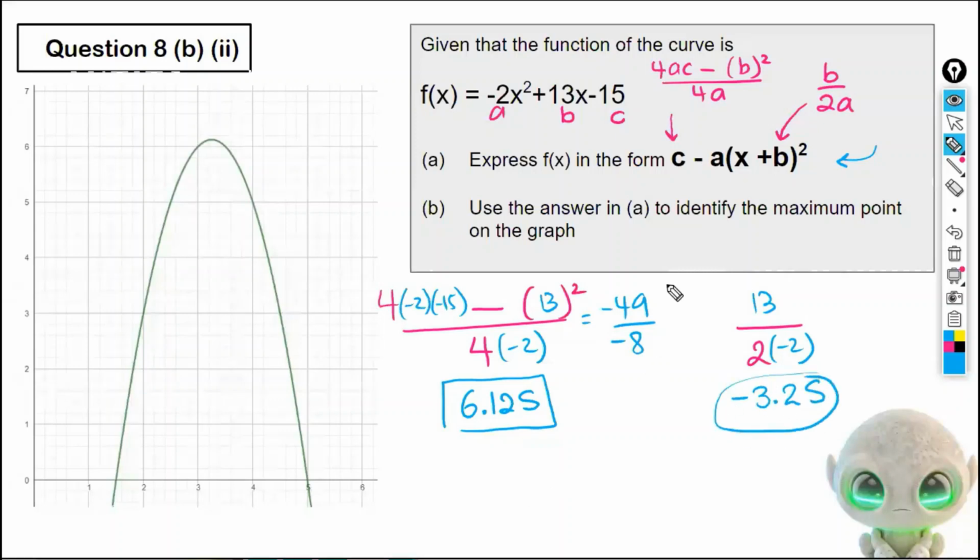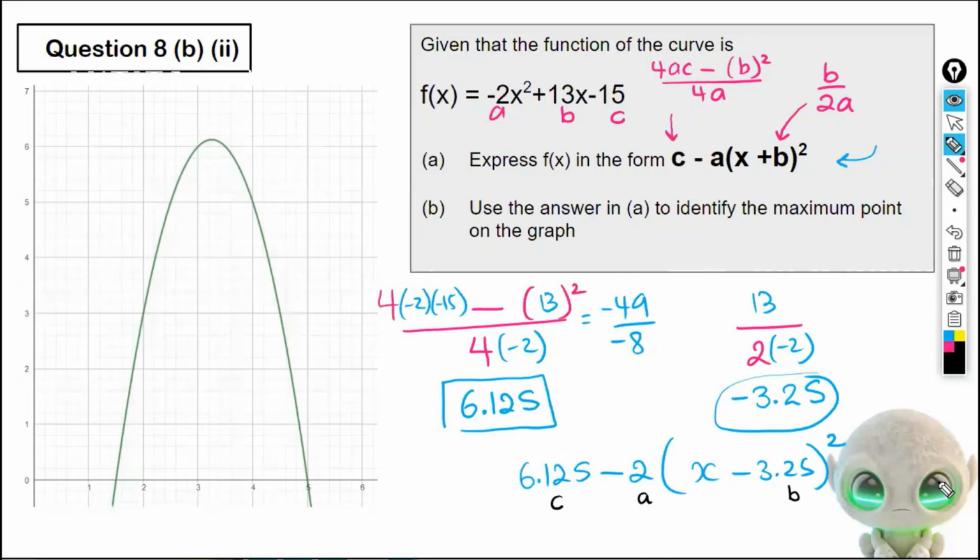Right, so we put this in this form, you're going to get C: 6.125 minus 2, open brackets, x minus 3.25, close bracket squared, right? So this would have been the value of C they were looking for. This is the A and this is the B, which are already H and K.